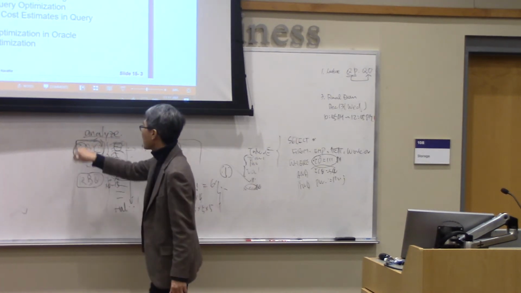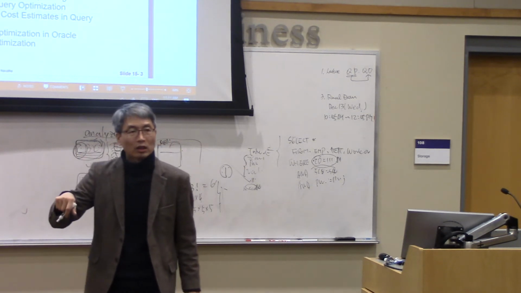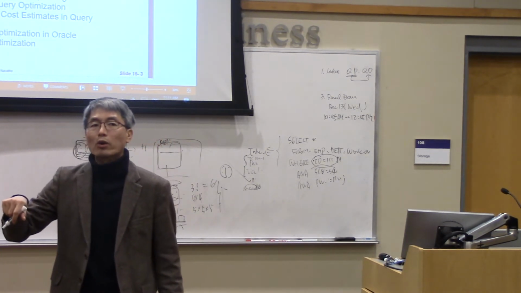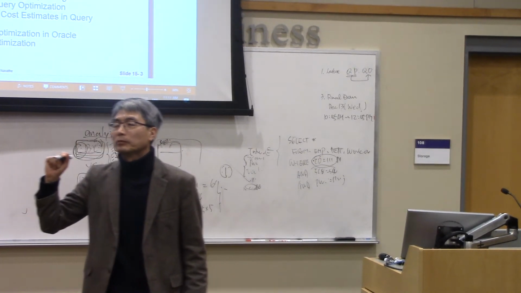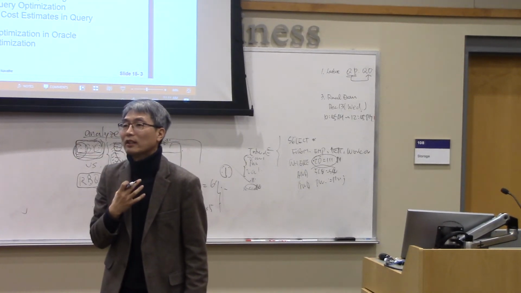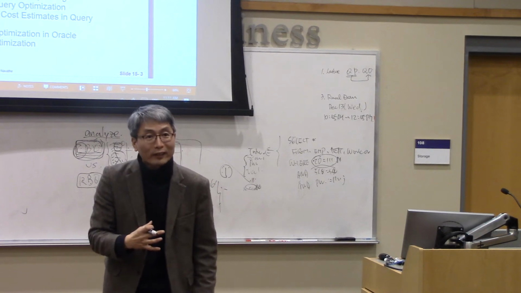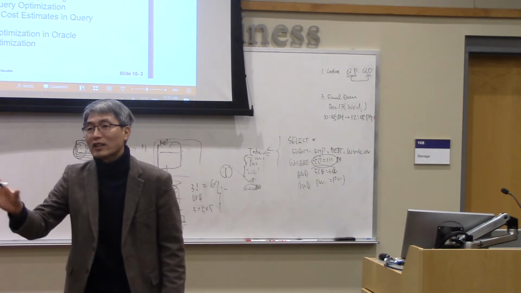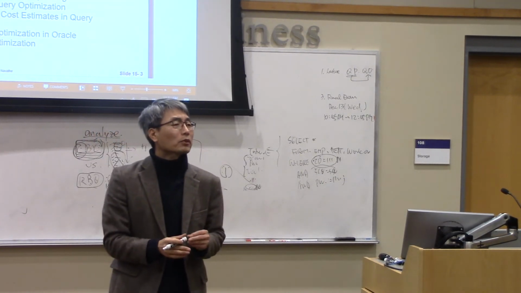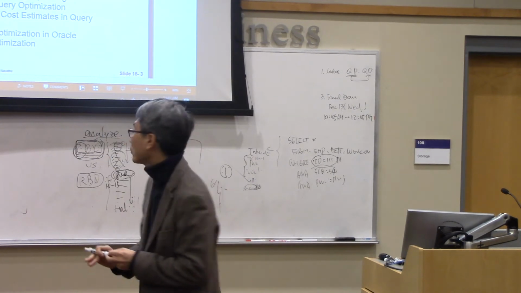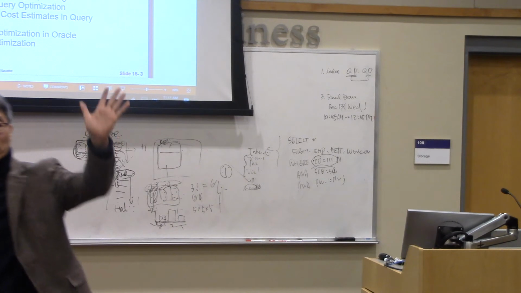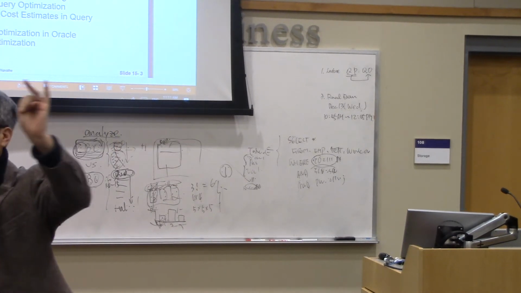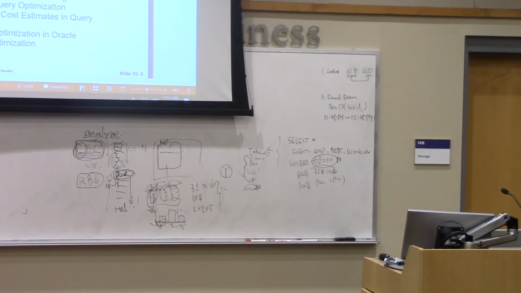Then the problem is, what is the cost? What is a cost in terms of performance here? Our goal is fast or slow, right? The fastest way to access data. There are a lot of resources involved to read the data from the database: memory, CPU, network, the bus, and so on.